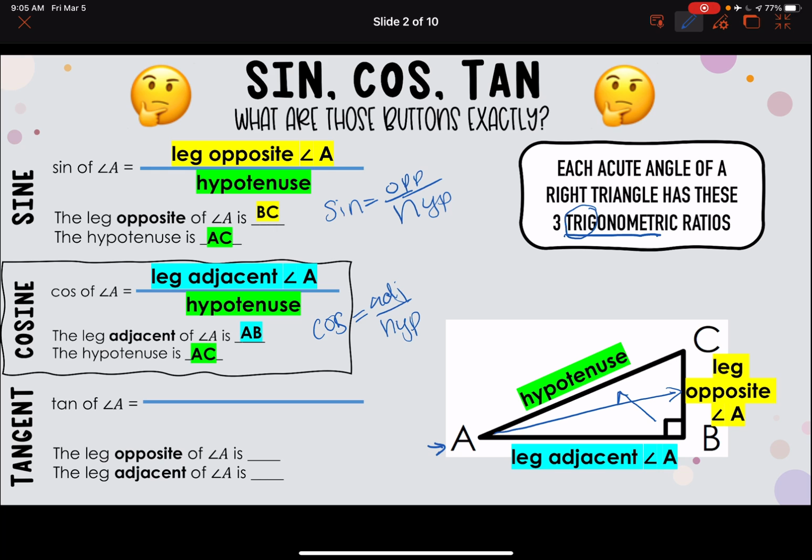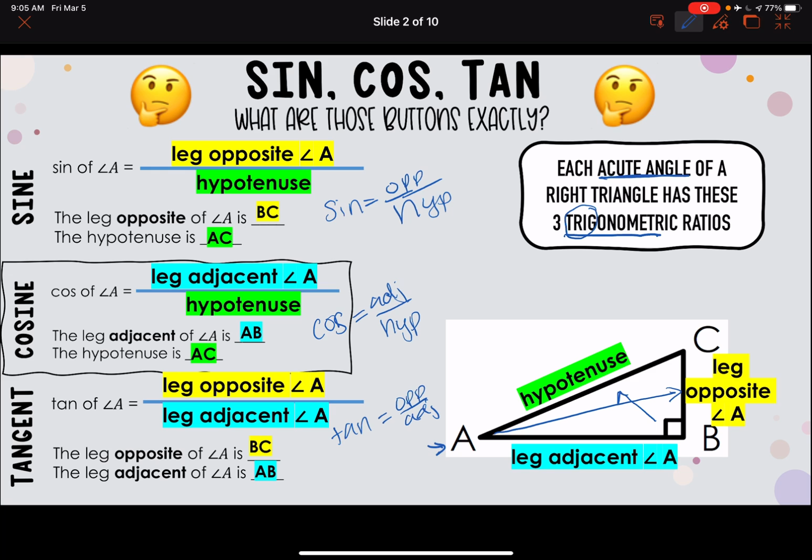This ratio only works for the acute angles. The tangent of angle A is going to be the leg opposite angle A over the leg adjacent angle A. So it's going to be BC over AB. And tangent, that means, is going to be opposite over adjacent.